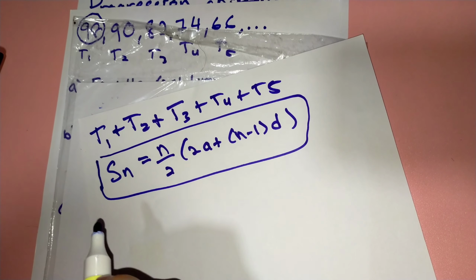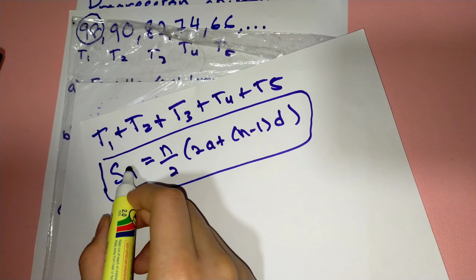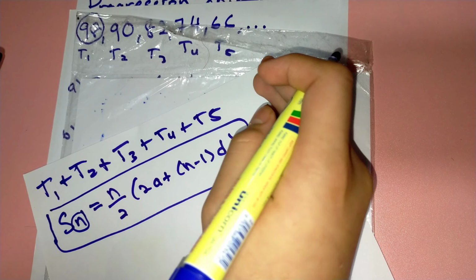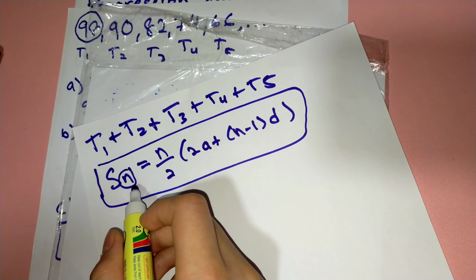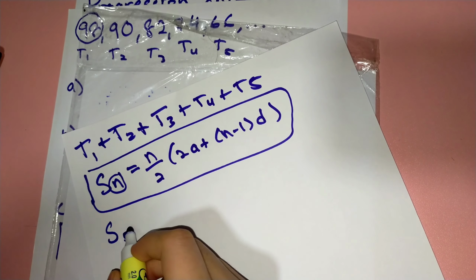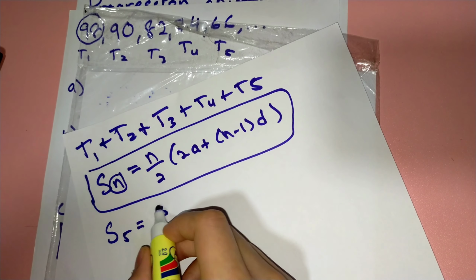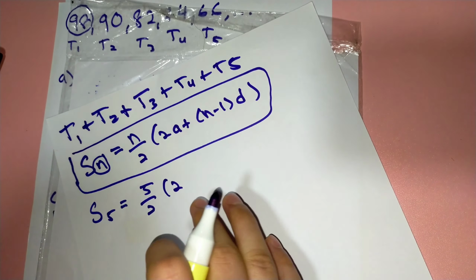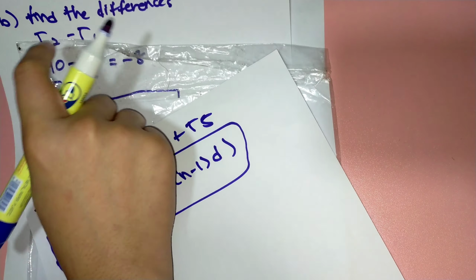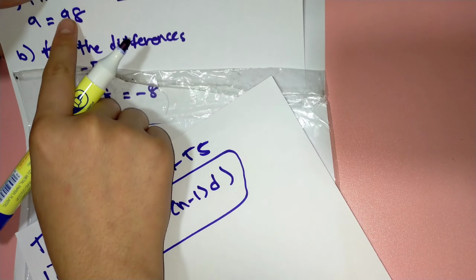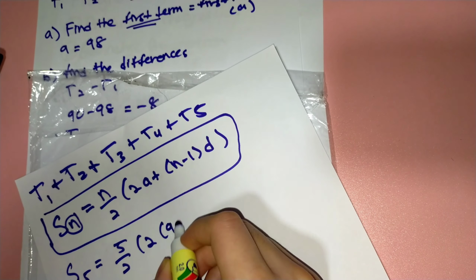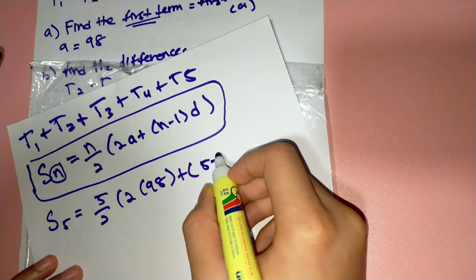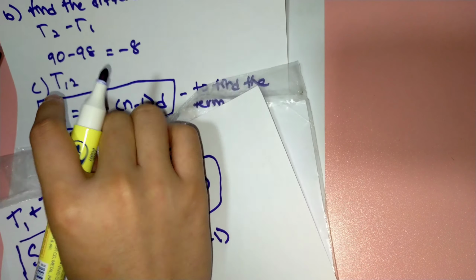So we substitute it. If you want to find the sum, you will do it for 5 terms, so n is 5, and it's 5 divided by 2. 2a, we have found a, which is 98, so 2 times 98 plus n, which is 5, minus 1, and d, which we have found is negative 8.